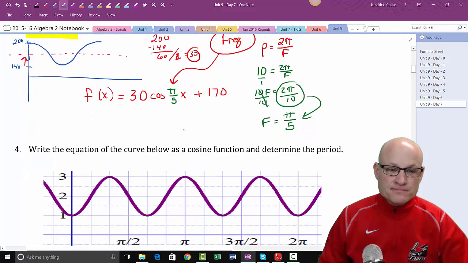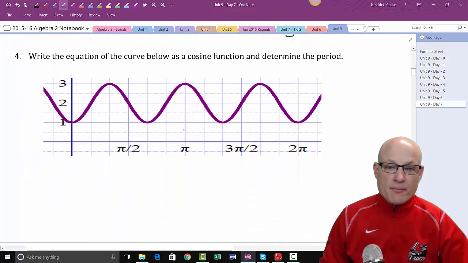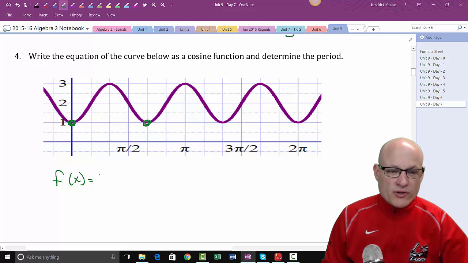Write the equation of the curve as a cosine function and determine the period. All right. So we're starting at a min, ending at a min. So that means we're going to start with a negative.